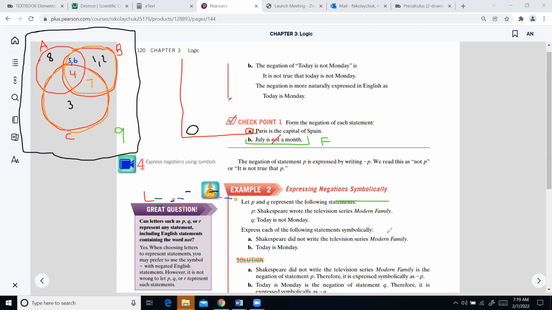So here I should put is not. Paris is not the capital of Spain, and that's going to be the negation of the previous one. So the point is, to negate something, we either put in a negation, we say not, or we get rid of the negation, just like I did in the next example.